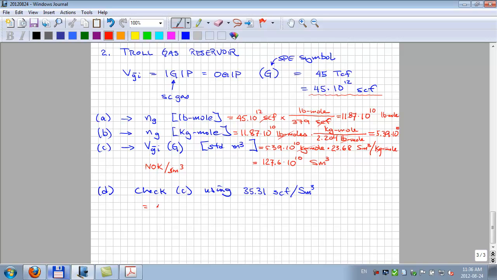If we take our 45 times 10 to the 12th standard cubic feet times 35.31 standard cubic feet per cubic meter, we should get the same number, right?